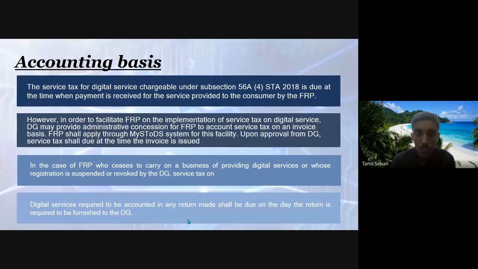On the accounting basis, the service tax for digital service chargeable under subsection 56A(4) of STA 2018 is due at the time when payment is received for the service provided to the consumer by the FRP. However, in order to facilitate FRP on the implementation of the service tax on digital service, the DG may provide an administrative concession for the FRP to account for service tax on an invoice basis.